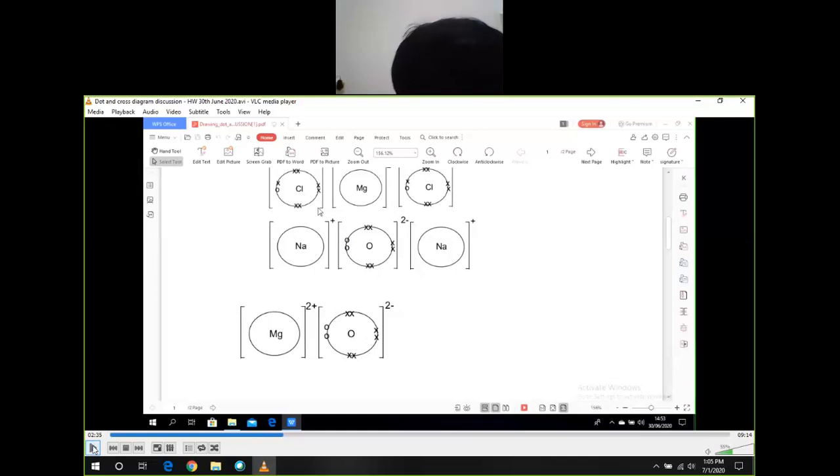I just give open and close square brackets at the top, and then only the symbol Na without the circle. Yeah, it's okay. Thank you, teacher.